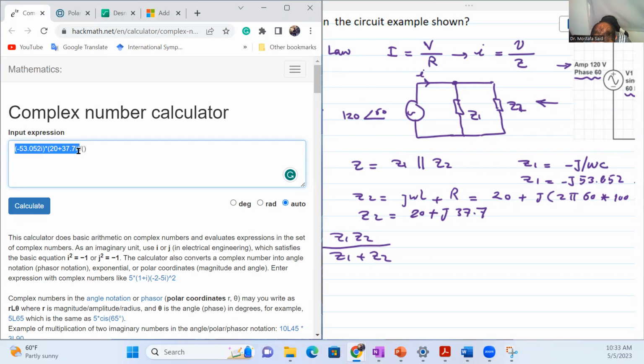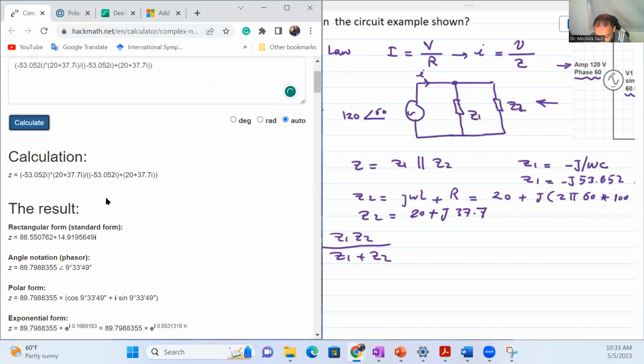We're just going to copy and paste, so we will not write again, not to make any other mistakes, and just hit calculate, and that's it.